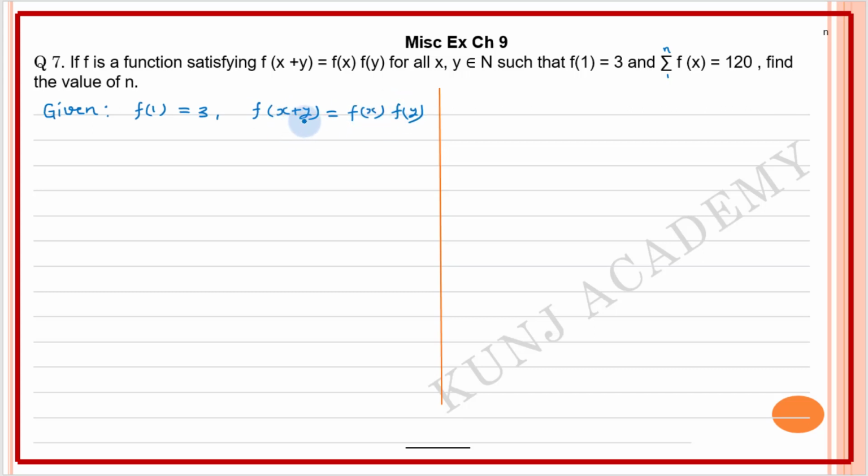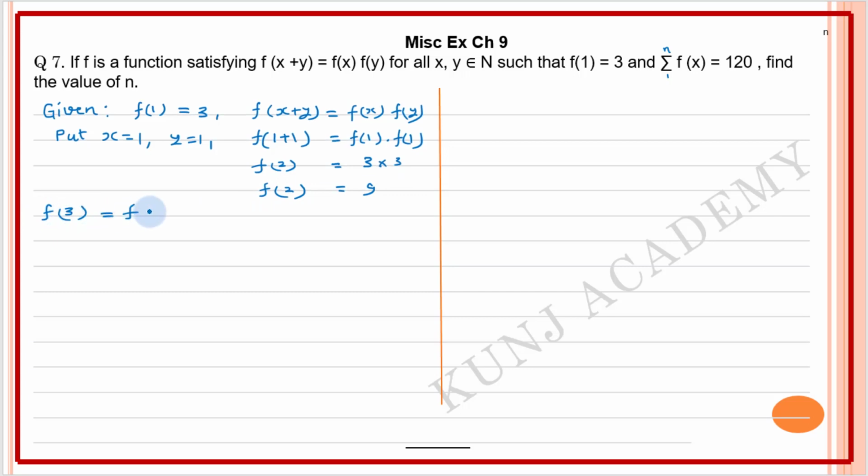Put x = 1 and y = 1. f(1 + 1) = f(1) · f(1). f(2) = f(1) · f(1), the value of f(1) is 3, so 3 into 3, 9. f(2) = 9.